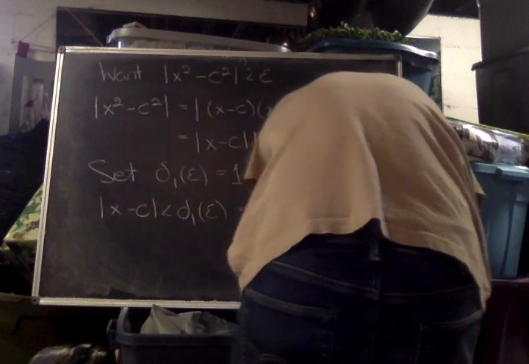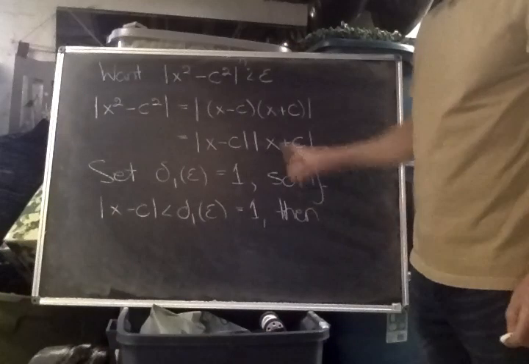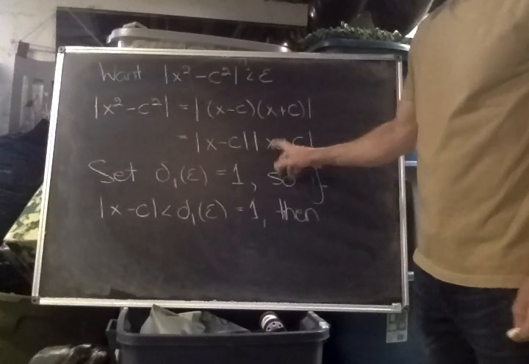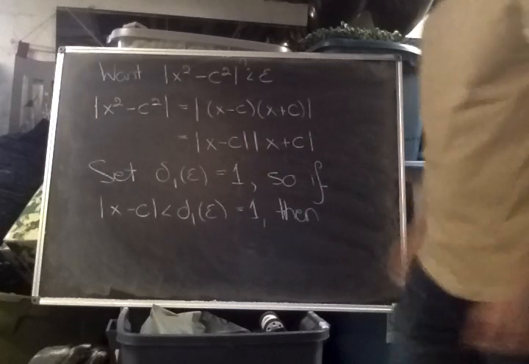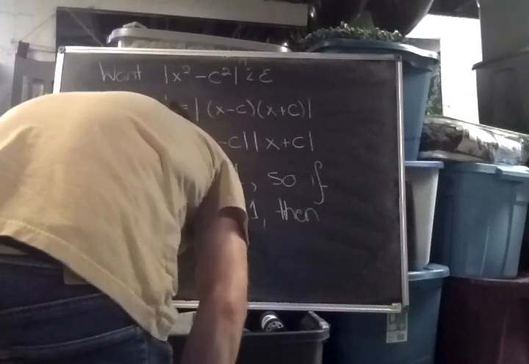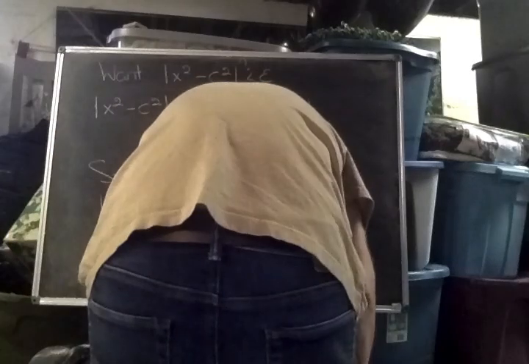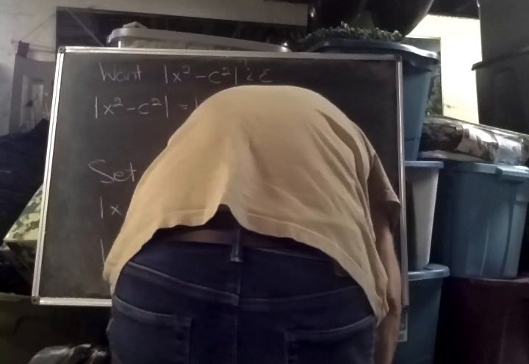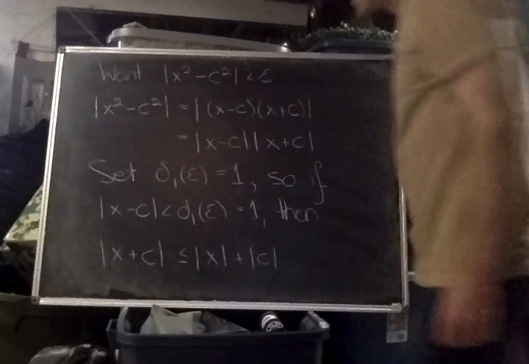then how big can this possibly be? Well, I can say that the absolute value of x plus c is always, by the triangle inequality, less than or equal to the absolute value of x plus the absolute value of c.